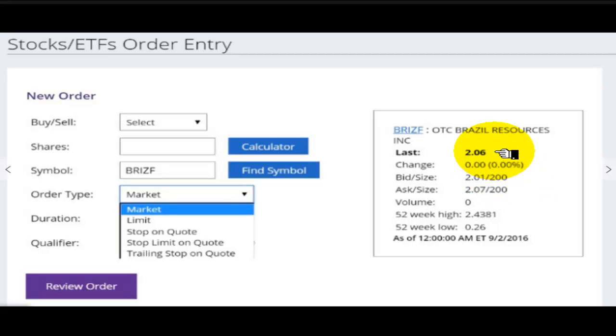So if you hit a market order and the market's currently at 206, but something happens by the time you place your order, you could be filled at 220. You could be filled at $5, $10, $100, if that's where the market jumps to and trades. Keep that in mind. And in a fast market, you may not get filled at all.